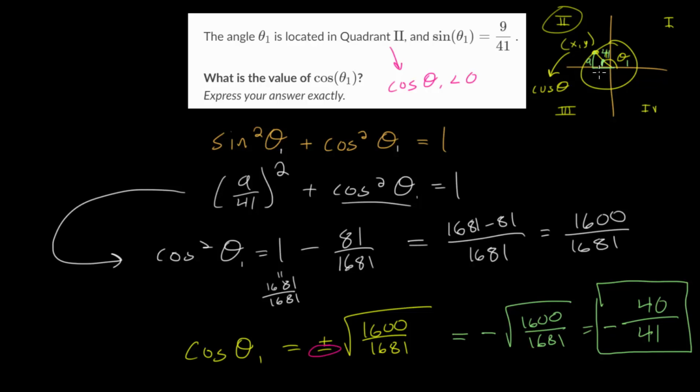We can use the Pythagorean theorem to figure out that this is 40, and then just realize that the cosine or the x value is negative in quadrant 2. So when we look at the cosine of this angle, we get 40 over 41, but it has to be negative since we're in quadrant 2 where the x values are negative. So that's a method we will consider in a later video.